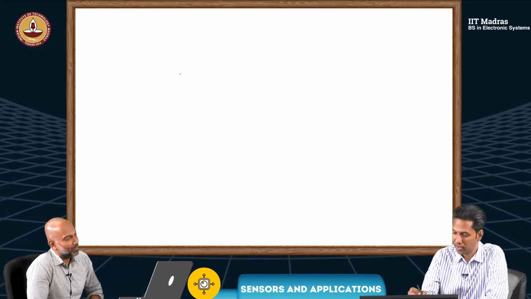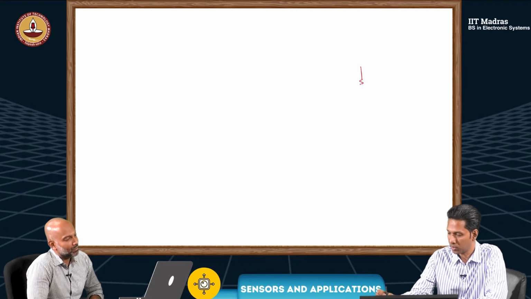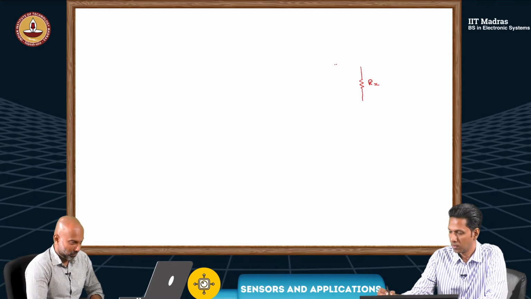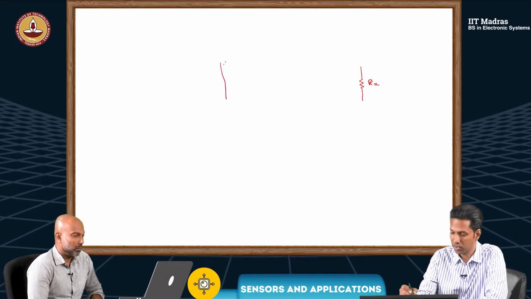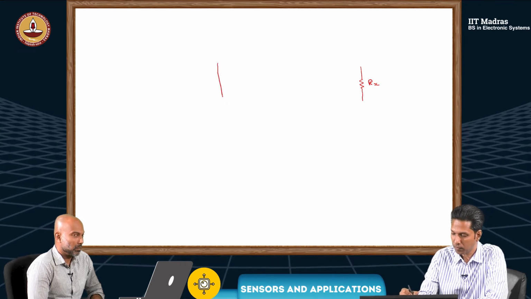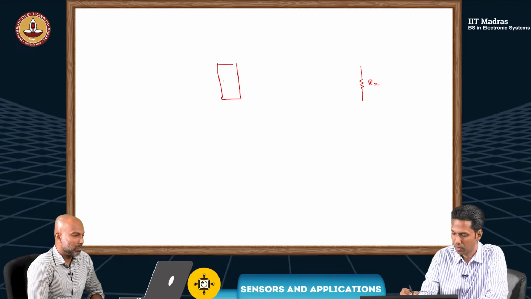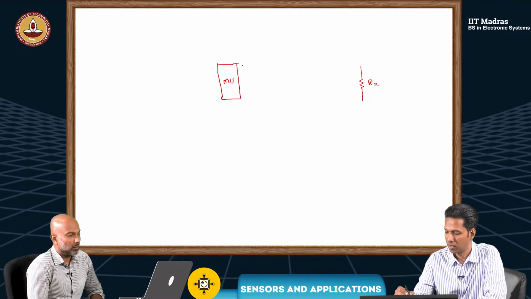So what we are saying is, you have got an RX to measure, and then my measurement unit is here, whichever way I am measuring.